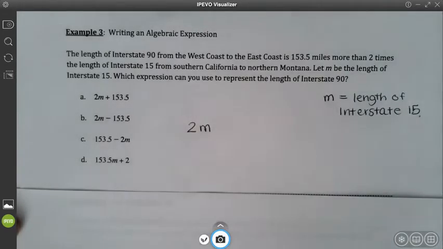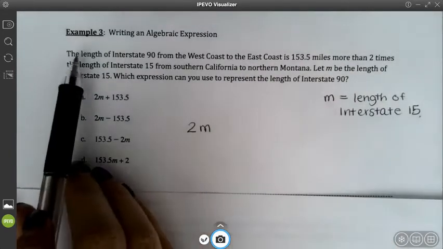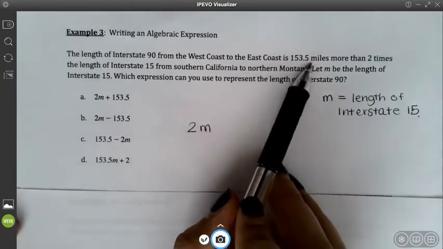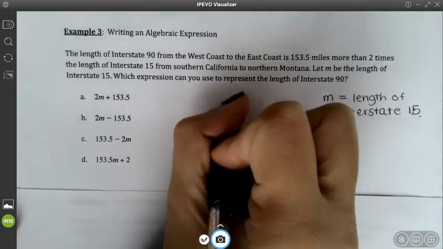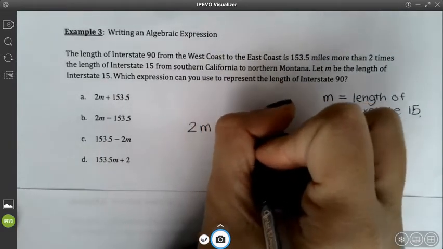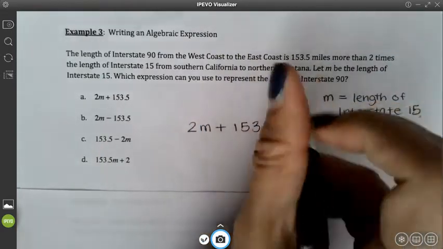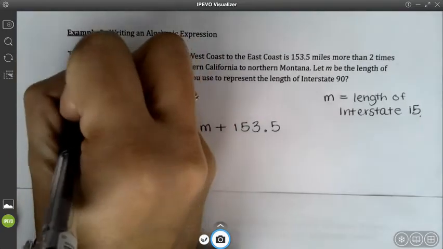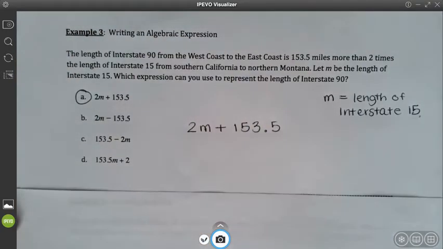And then what are we doing to that doubled amount? Well, it says the length of Interstate 90 is 153.5 miles more than 2 times the length of Interstate 15. This is the expression that represents that word problem. So A is our answer.